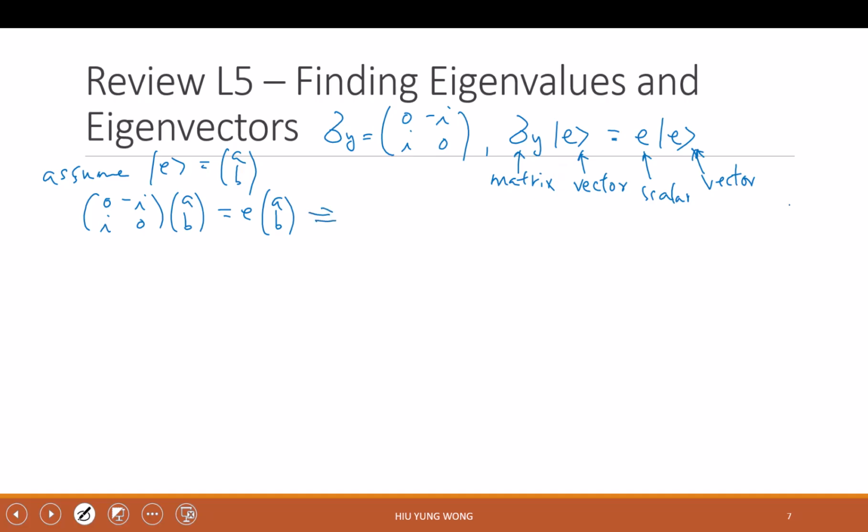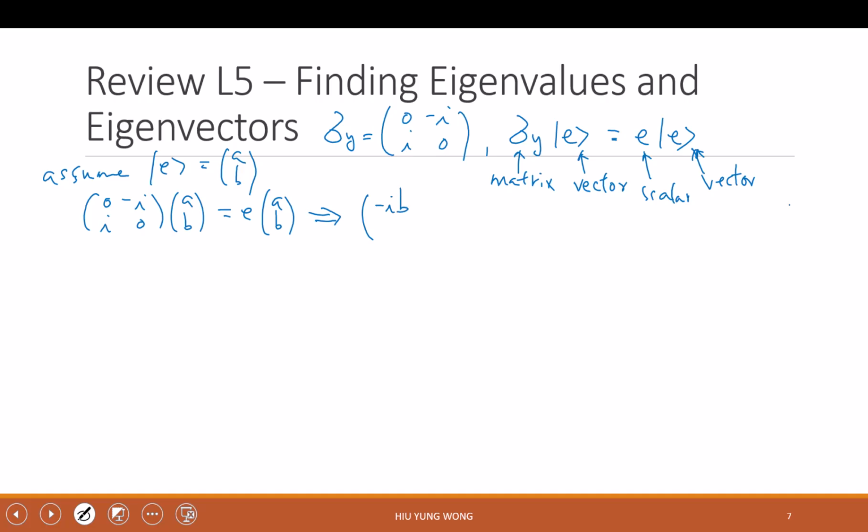Just do matrix multiplication. When I do matrix multiplication on the left, what do I get for the first element? He said minus iB. Do you agree? Because it is 0 times A plus minus i times B. Okay? So that's why you get minus iB.